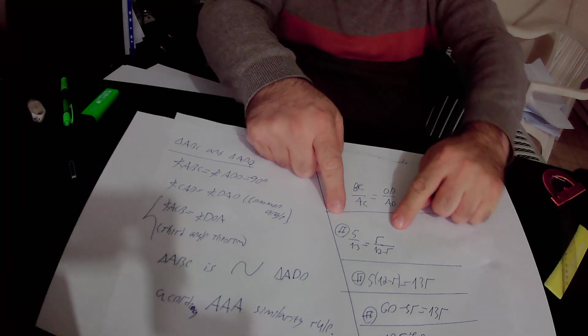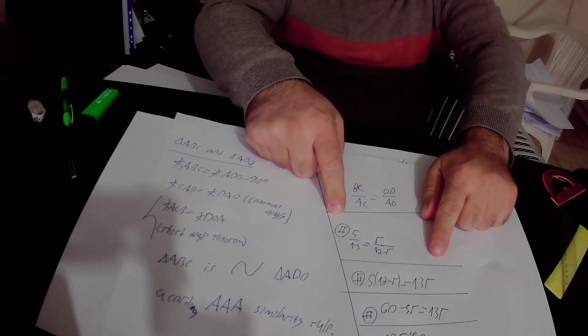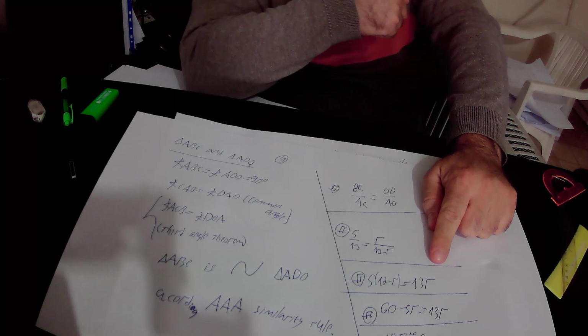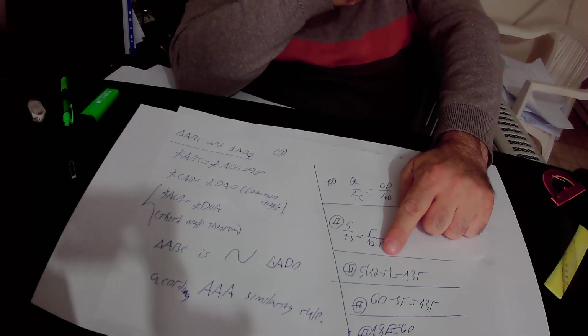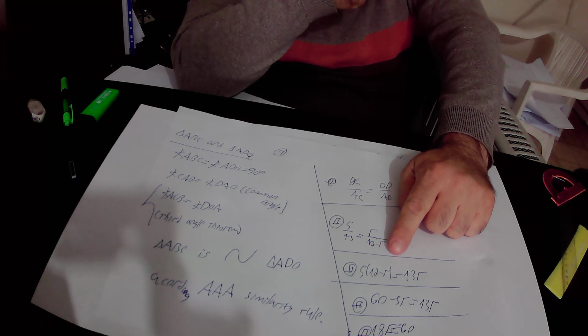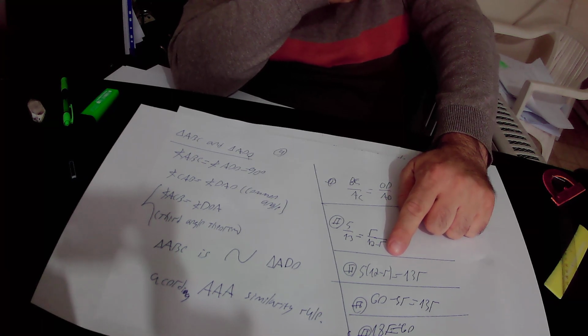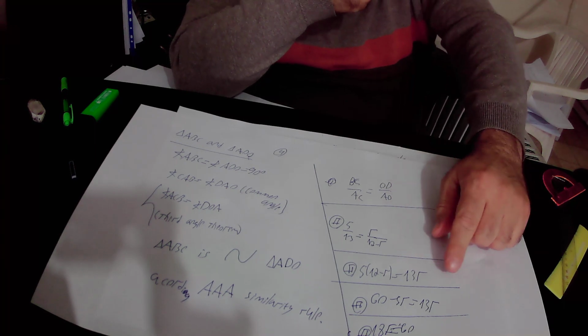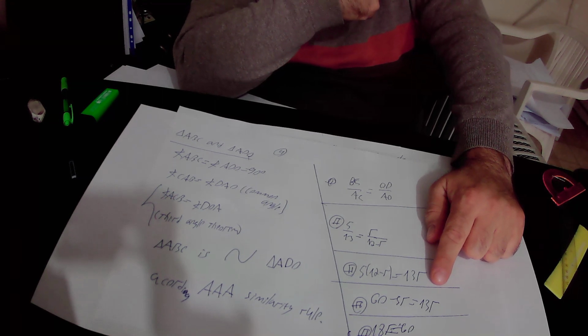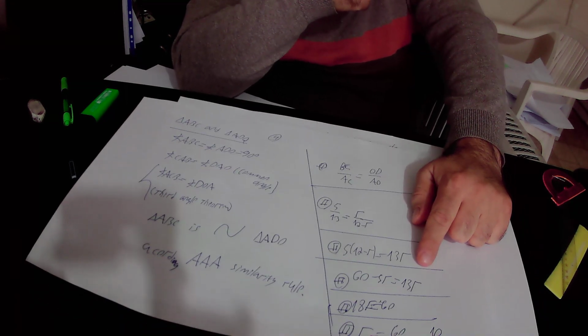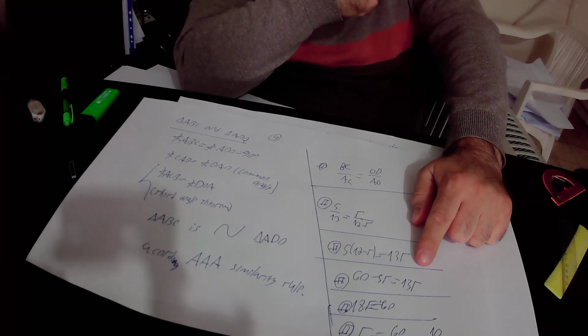Cross multiplying this equation, number 2, we got that 5 times 12 minus R equals 13R. We opened the brackets on this side of the equation, and we found that 5 times 12 is 60, and 5 times minus R equals minus 5R. So we found that 60 minus 5R equals 13R. We added 5R to this equation, and 13R plus 5R is 18R.